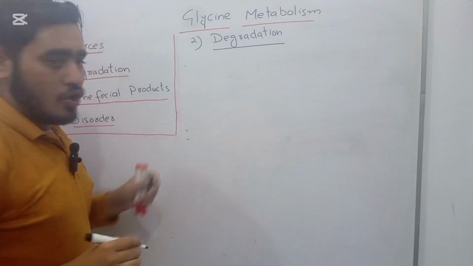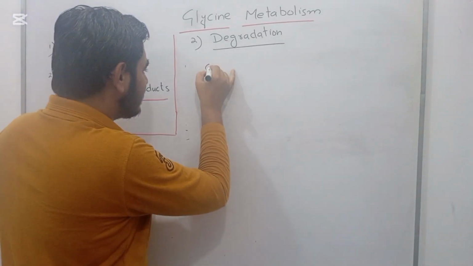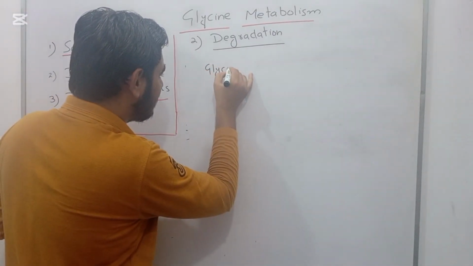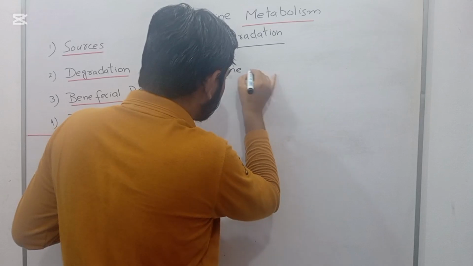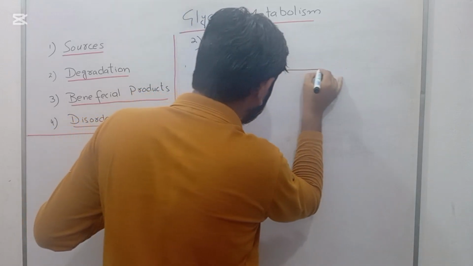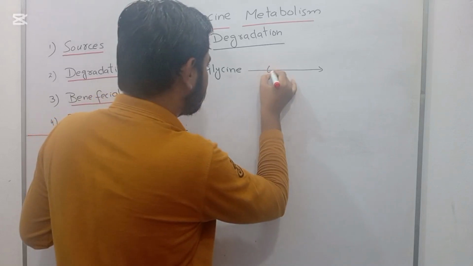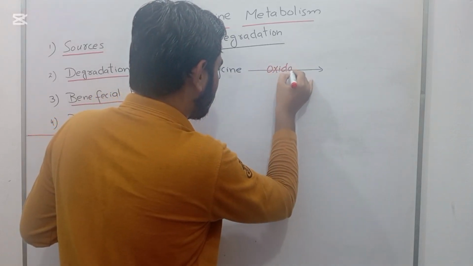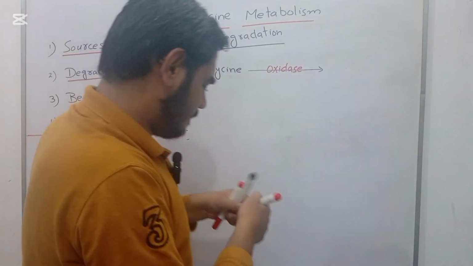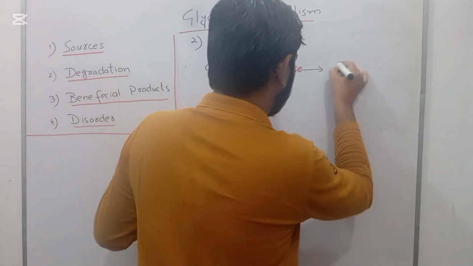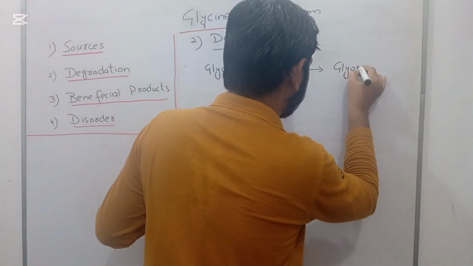Okay, so first of all, this glycine, by the action of oxidase enzyme, forms glyoxylate.